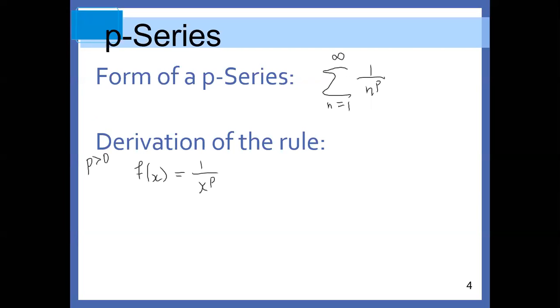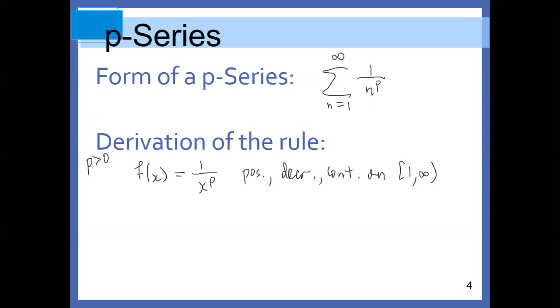That's basically like x to a positive power, not in the denominator. But this thing is positive, decreasing, and continuous on the interval from 1 to infinity.